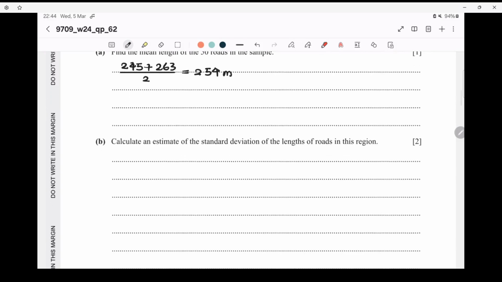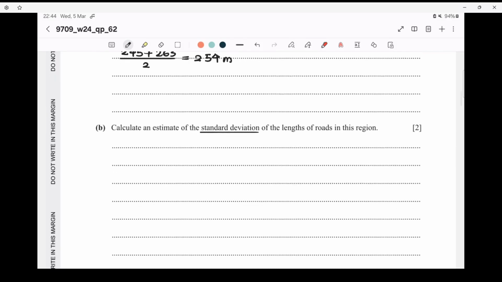Calculate the estimate of the standard deviation. So when you calculate it, you should get your sample standard deviation. Then you need to convert back to your population standard deviation. So you begin with something like this. So this has to be 0.95 because it is a 95% confidence interval.